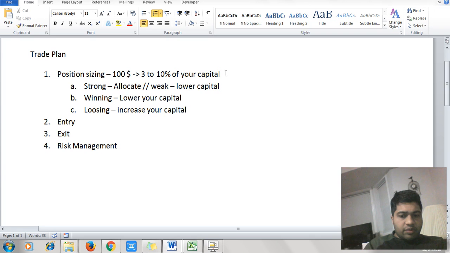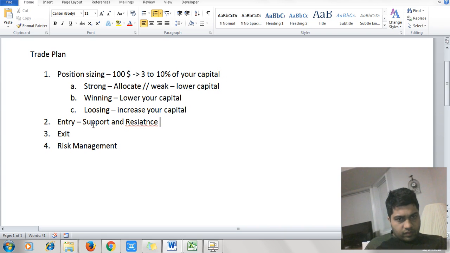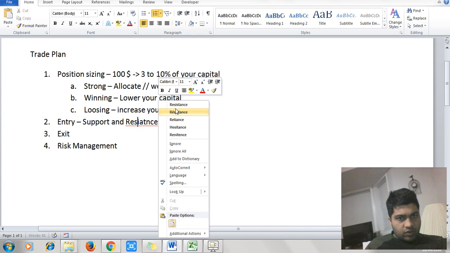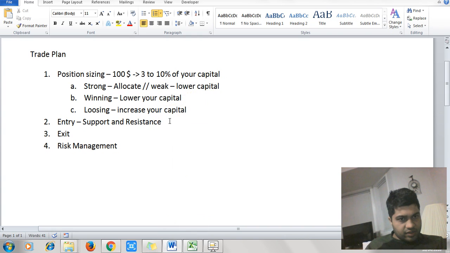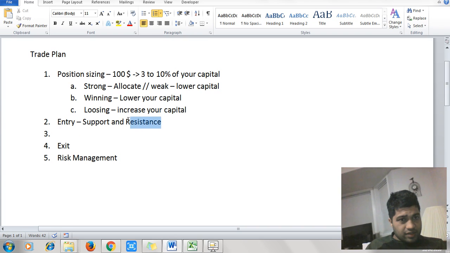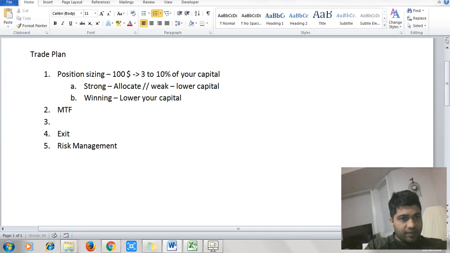Now entry, let us discuss how to enter based on support and resistance. A better way is to discuss MTF, multi time frame, for entry.